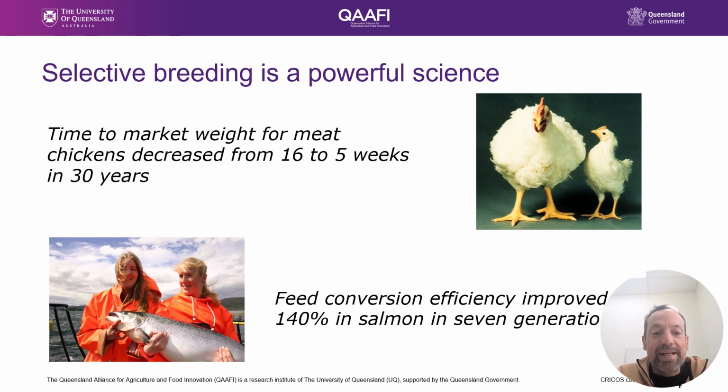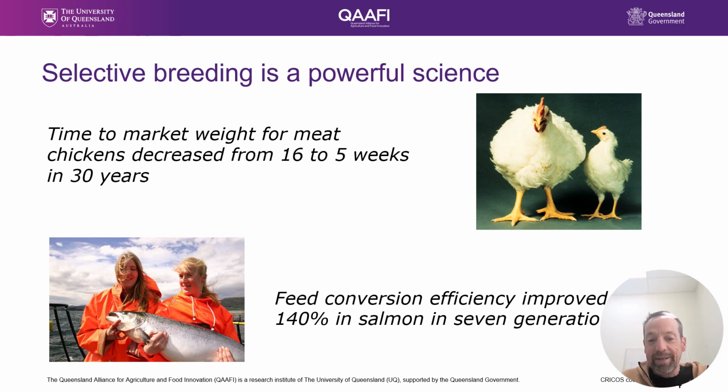As I said, this selective breeding technology is a very powerful science. You can see that in the species where selection has taken place. For example, in chickens, the time to market weight for meat chickens has decreased from 16 to 5 weeks in 30 years.